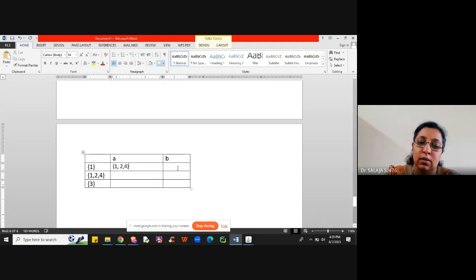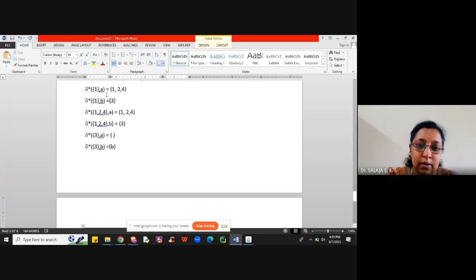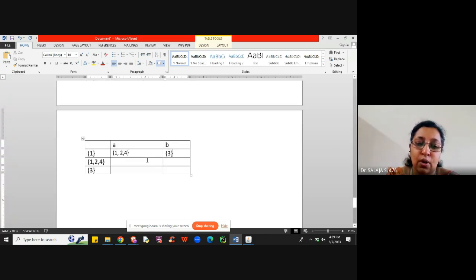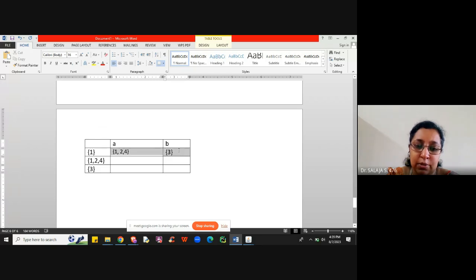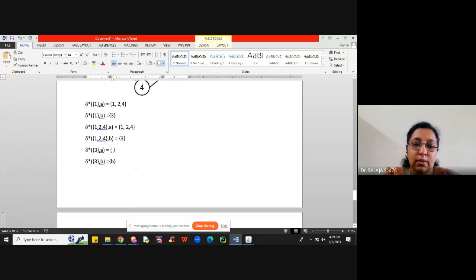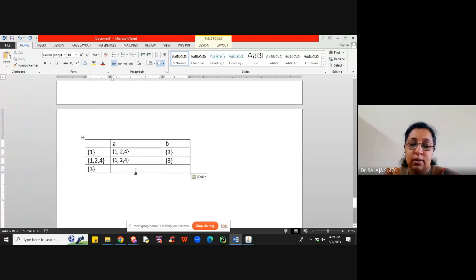And 1 on B, it moves to 3. Similarly, 1, 2, 4 on A and B moves to the same set. What about 3? 3 moves to a null set on A and it moves to itself on B. Now tell me whether minimization is possible in this set.